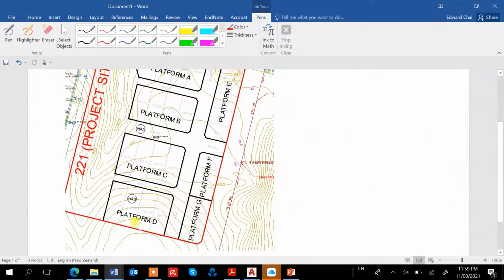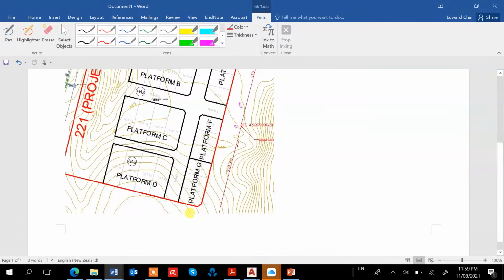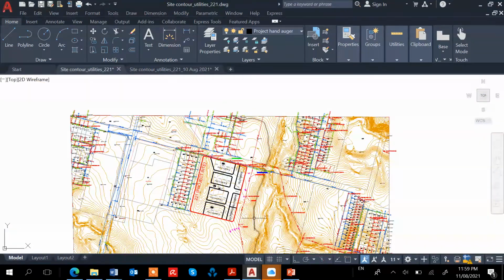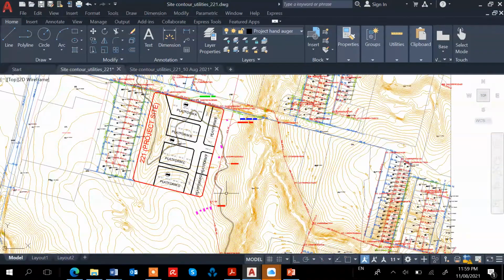I have this image put on the Word document. Let me see, I just draw something. I can see from here, the contour. Okay, let me see.